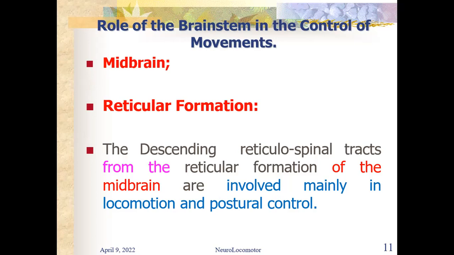You know where the reticular formation is located in the brainstem. The reticular formation nuclei are also responsible for extrapyramidal tracts. We call those extrapyramidal or indirect motor tracts, the reticulospinal tracts. And this is the function of the reticulospinal tracts here.